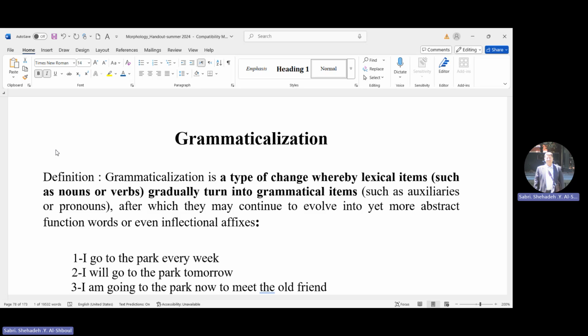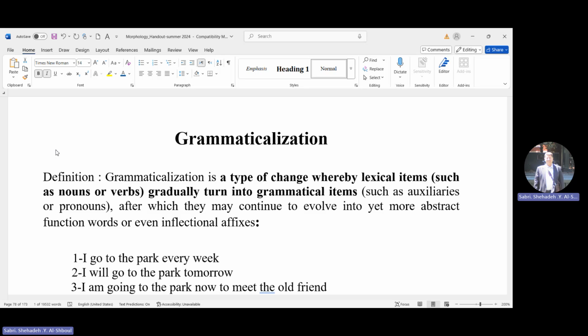Dear students, dear listeners, last time, if you remember, we presented the notion of the lexicon and how the lexicon is organized. We talked about the architecture of the lexicon in terms of the two levels of inflectional as well as derivational dimensions.